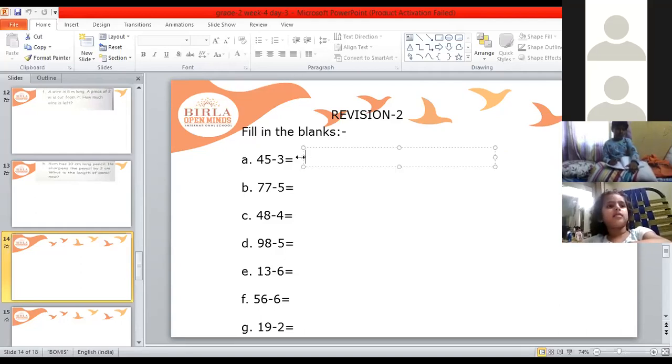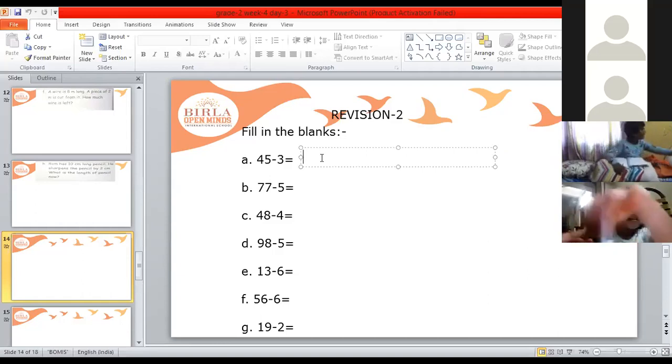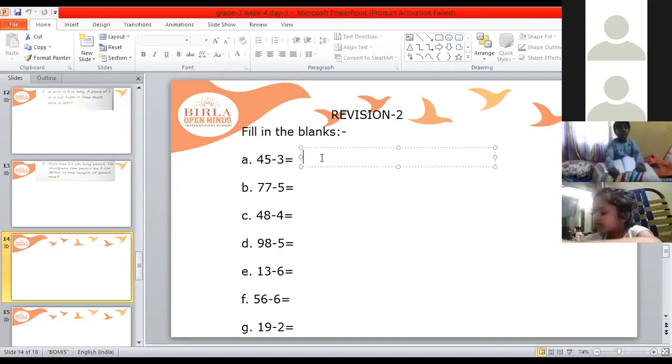Here we are subtracting a one-digit number from a two-digit number. If you look at your first bit carefully, the question is 45 minus 3. We can subtract this 3 from 45 by using the back counting method. Whatever is the number after the minus sign, we will go that many steps backward.